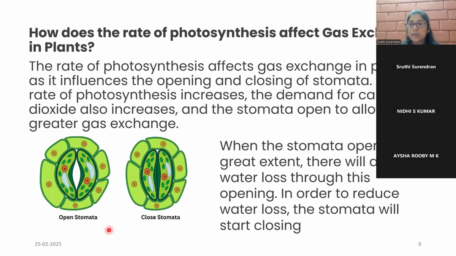So which process has to be given importance by the stomata is governed by the stomatal conductance. That is, the opening and closing of stomata is controlled in such a way that there is a balance between the carbon dioxide entering and water exiting through the same stomata.